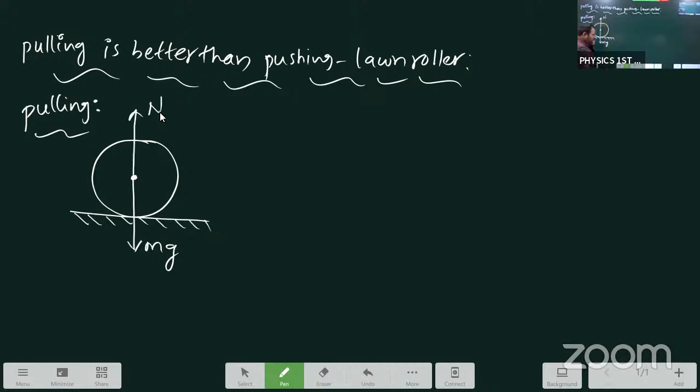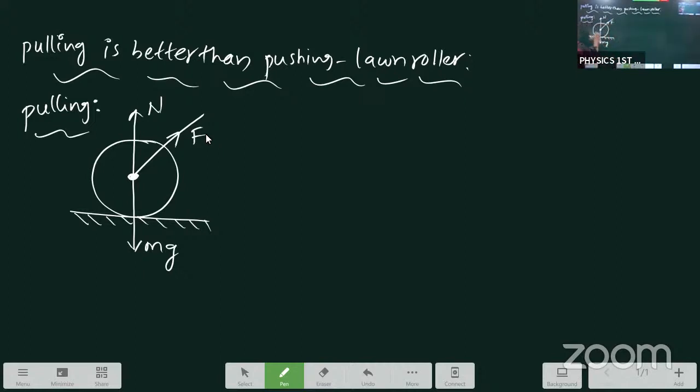Always normal reaction upwards, mg downwards. In pulling and pushing, concentrate on the external force direction. This is capital F, pull, with the arrow mark pointing outward.